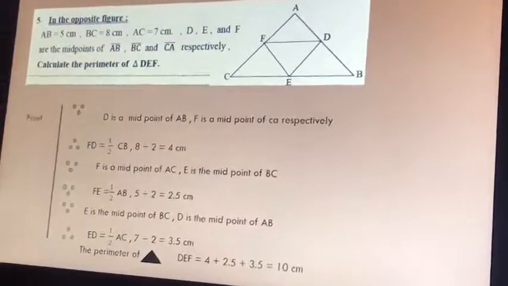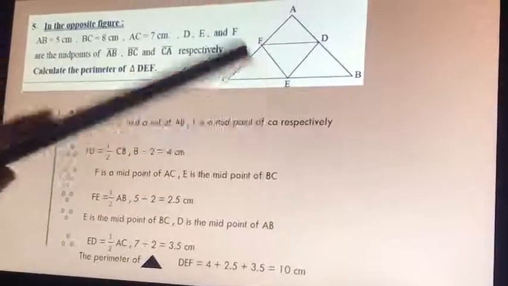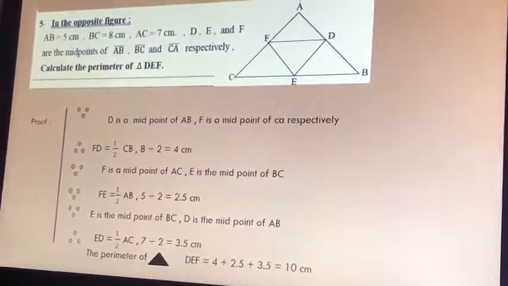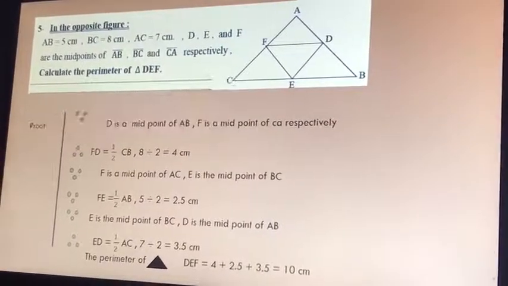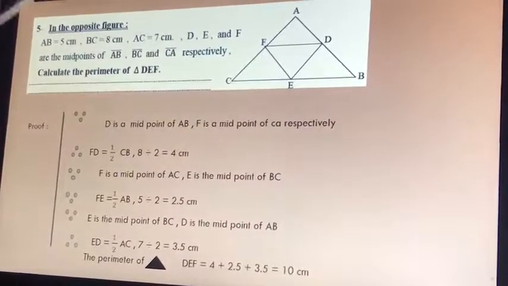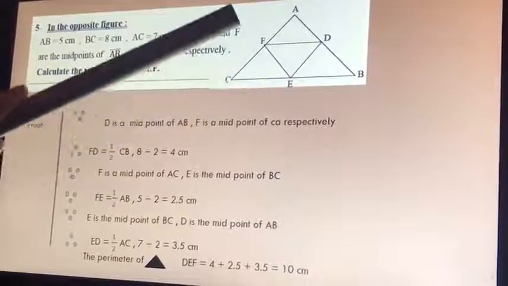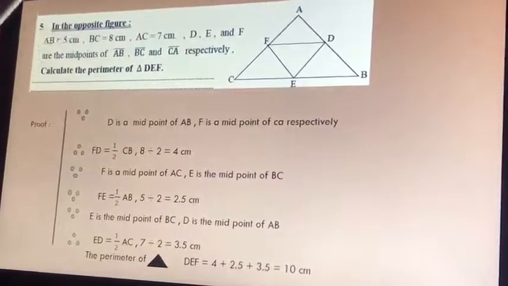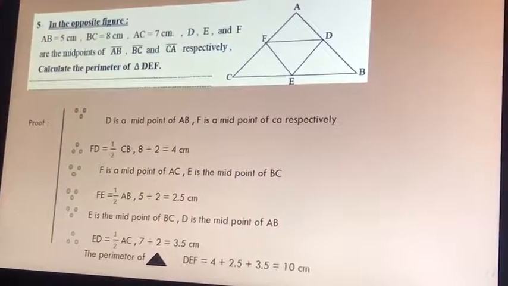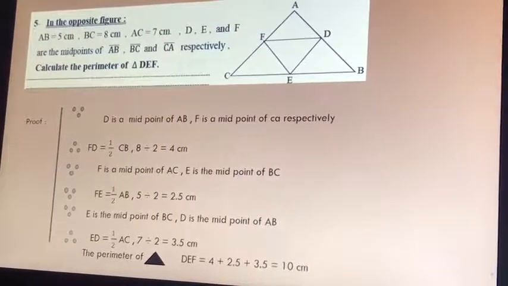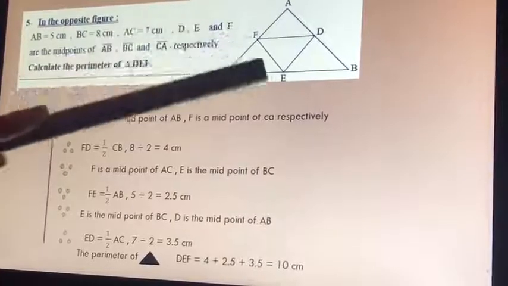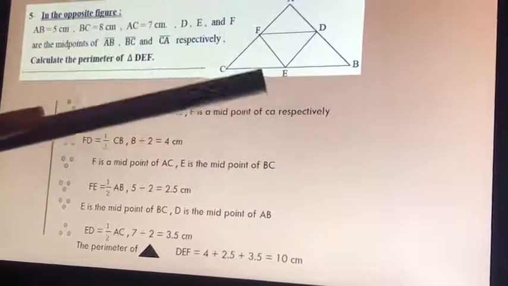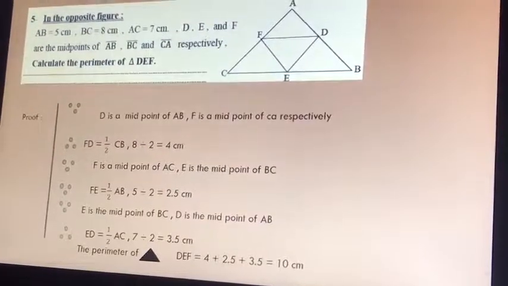After this, I'm going to talk about these two midpoints. Since F is a midpoint of AC, E is a midpoint of BC, so FE equal half AB. AB equal 5 centimeter, so 5 centimeter divided by 2 gives me 2.5. So FE equal 2.5.